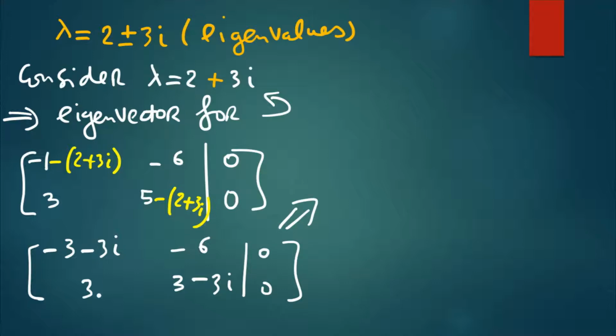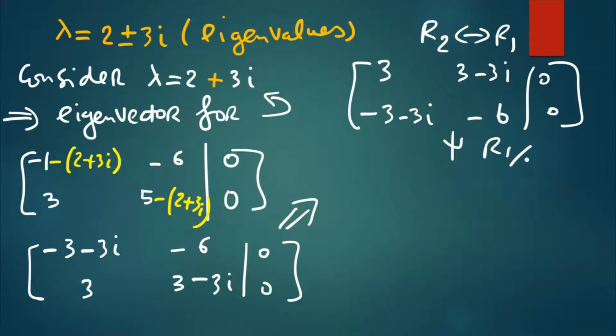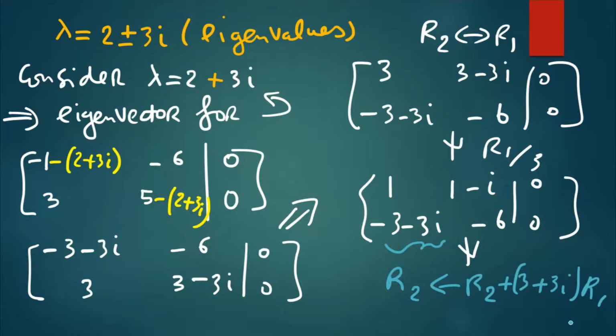Let's switch row 1 and row 2. So we have 3 minus 3i, that's 0, minus 3 minus 3i, minus 6, and divide row 1 by 3 to make it 1. So row 1 by 3 is 1, 1 minus i, 0, minus 3 minus 3i, minus 6, 0. To make this 0, we can do row 2 plus 3 plus 3i times row 1.